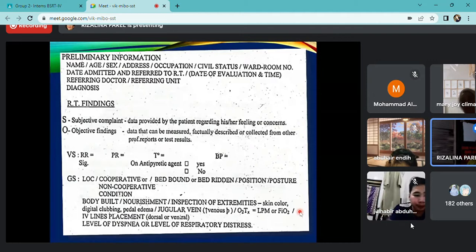So, ang tinetest natin sa patient, yung sa digital clubbing, chinecheck natin kung merong hole pa between two nails. Okay, that is clubbing. But for pedal edema, okay, chinecheck mo kung pitting or non-pitting edema.